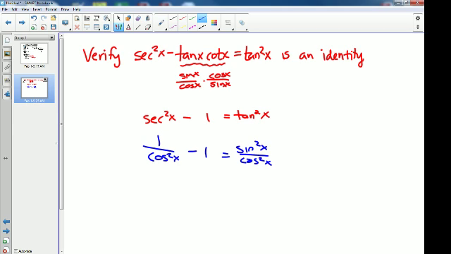Multiply by cosine squared. You can do that, yes. Okay. This is gone now. We're left with 1, because we're distributing, right? And these cancel out.